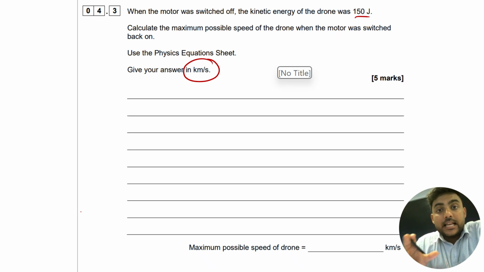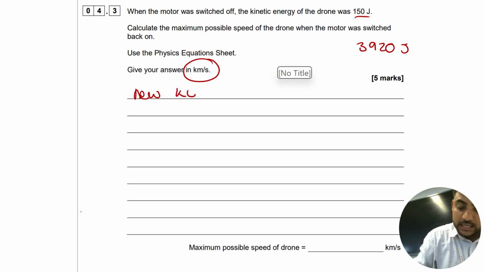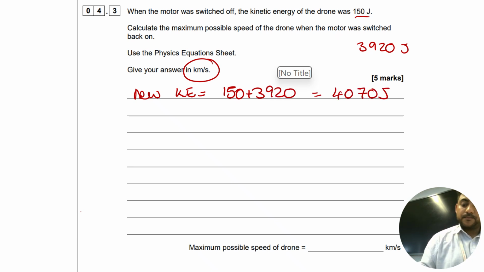The amount of kinetic energy gained has to be equal to the gravitational potential energy lost. And it turns out 3,920 joules of gravitational potential energy was lost. Therefore, the new kinetic energy when the motor was switched back on is 150 + 3,920 = 4,070 joules.